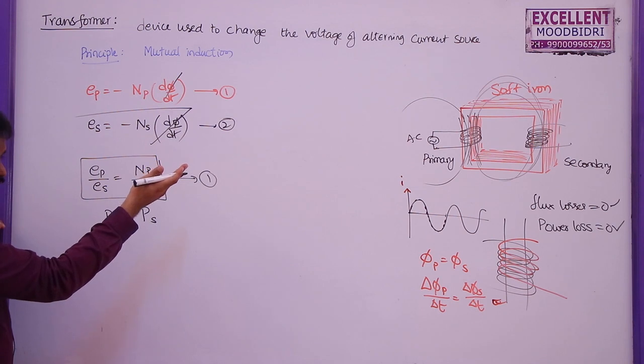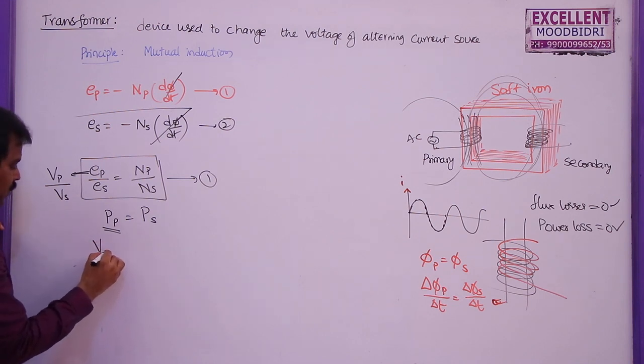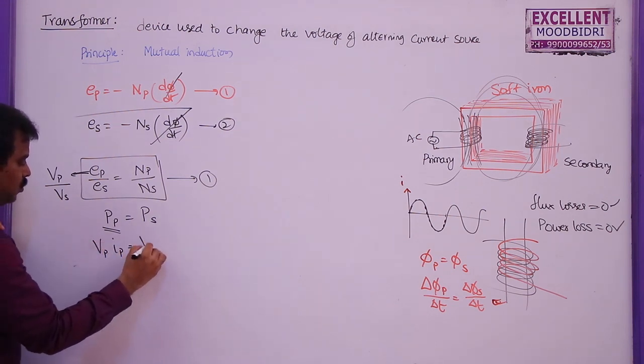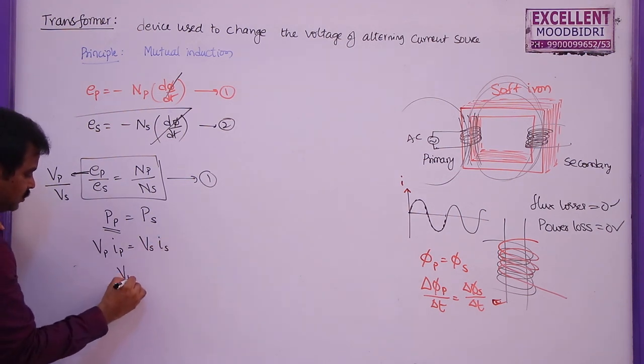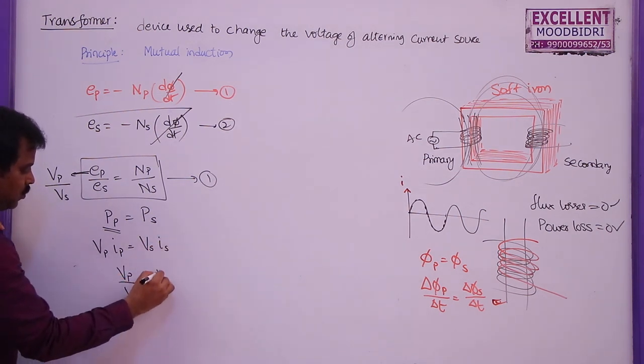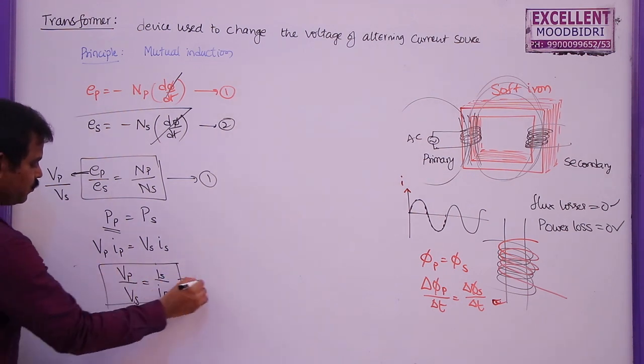As there is no internal resistance, this EMF can be written as V_P and this as V_S. So we can write V_P I_P = V_S I_S. From this, what is V_P/V_S? It can be written as I_S/I_P. So this is equation 2.